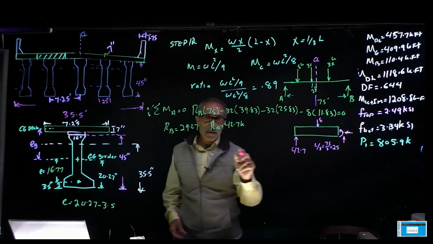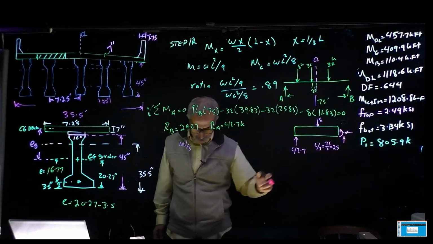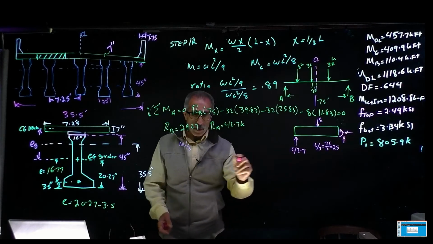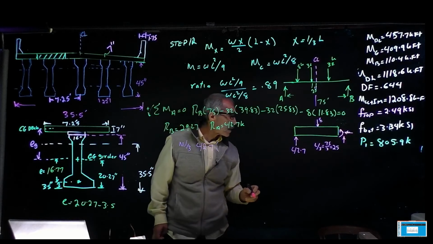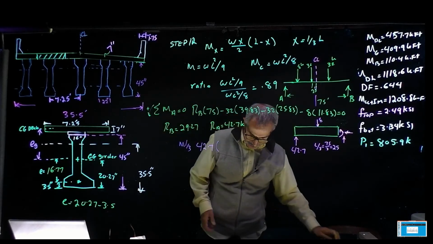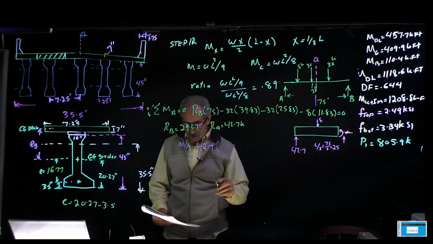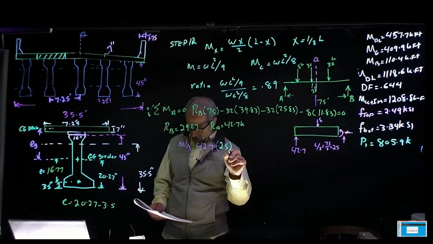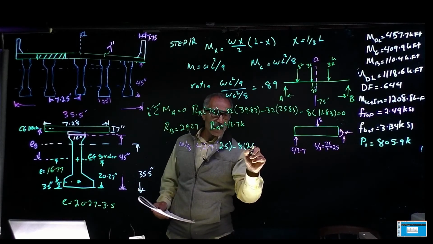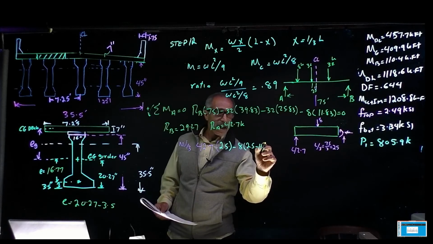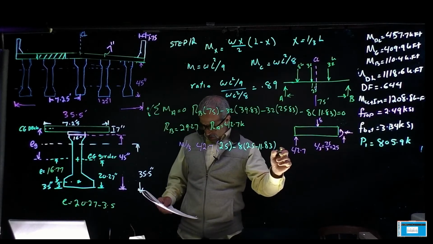So that's going to become M1/3. We're basically going to take a moment about that point. So it's going to be 42.7 times 25, and then minus 8 times 25 minus 11.83, because this distance is 11.83, equals 0.